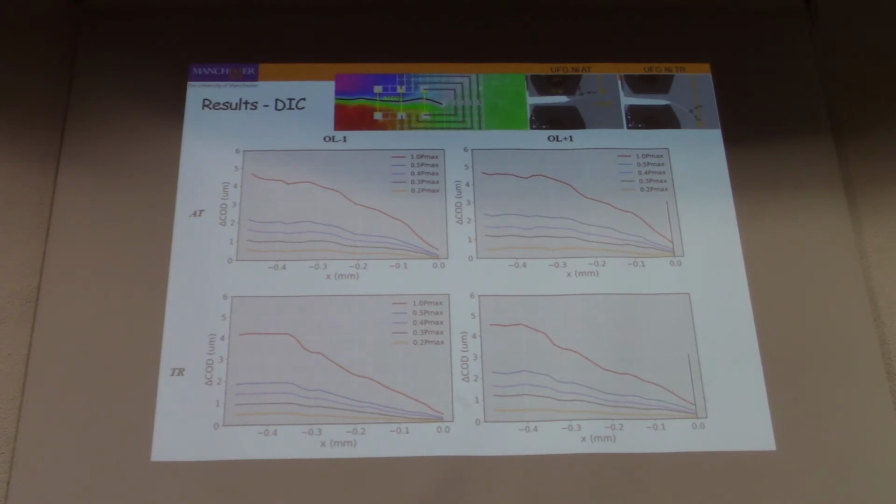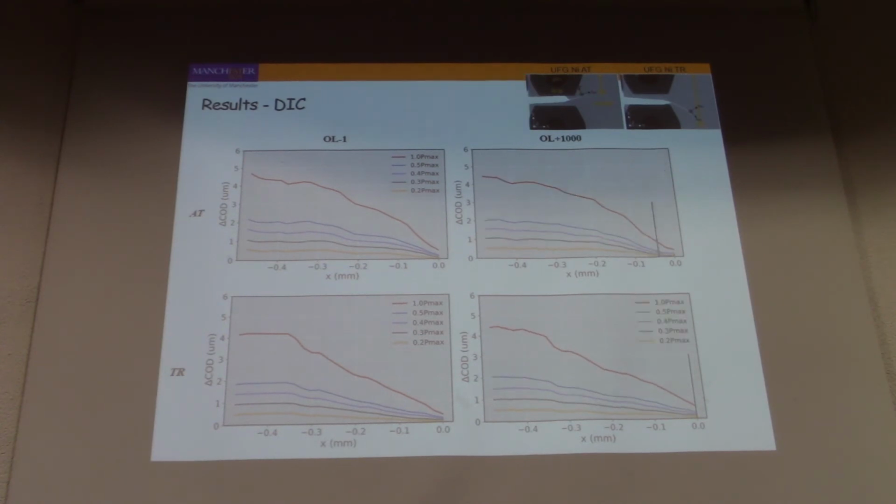After overload, we can observe the crack face contact here. This verifies that crack closure occurs. However, for the TR sample, the plasticity-induced crack closure effect is more significant.